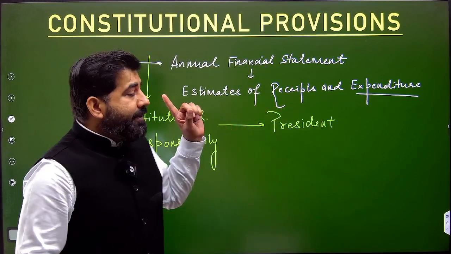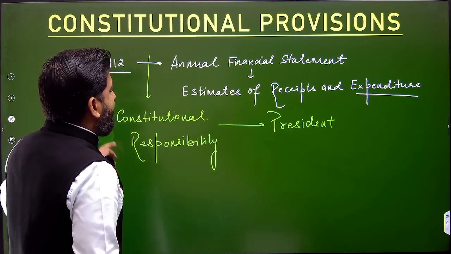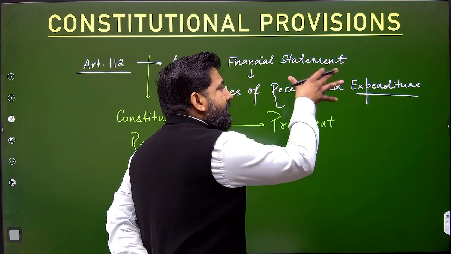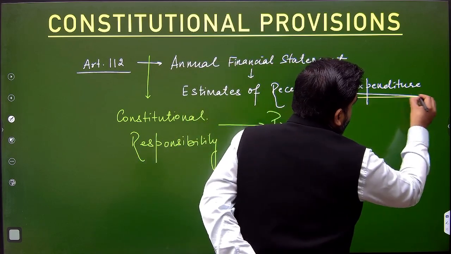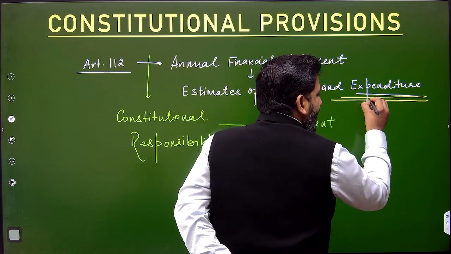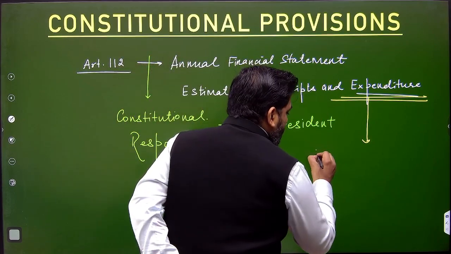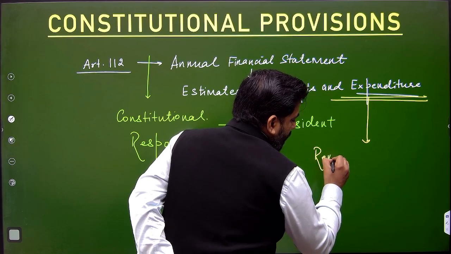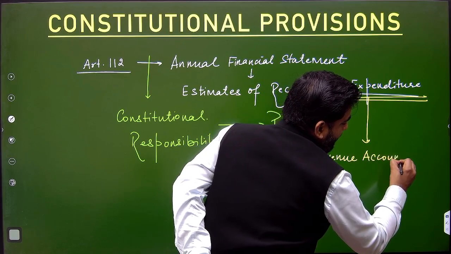This is one very important provision. Even in Article 112, it says that fine, these are estimates of receipts and expenditure, but even when you are talking about the expenditure, you have to distinguish the expenditure on revenue account and other expenditure.